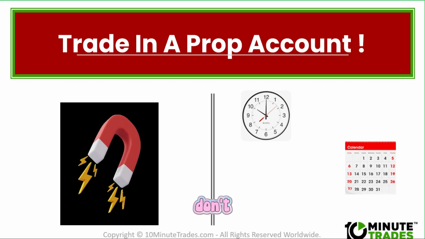Some of them don't. So you've got to be aware of the rules of the prop account that you're using. We're currently using Bulenox. They allow us to trade the way that we want. We use Lucid. Our members are taking payouts from Bulenox and from Lucid. There are many good prop account companies that let you trade news. They let you do spike trades. They let you do breakouts.